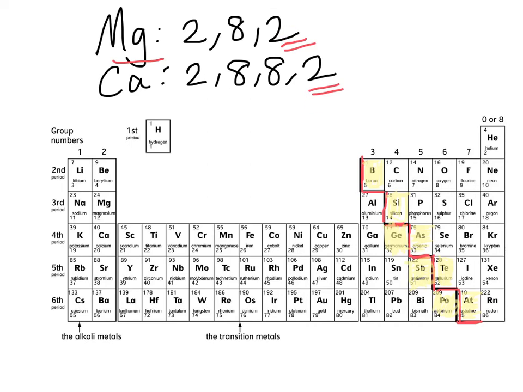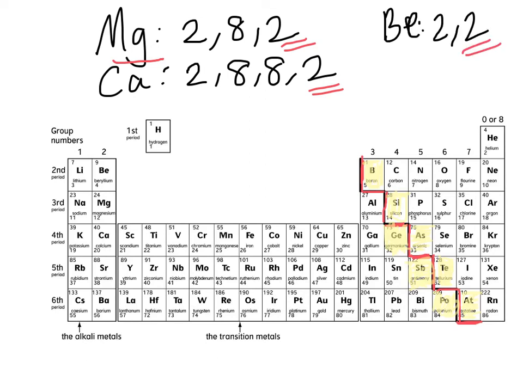In other words, you can say they have very similar chemical properties because they have the same number of outer shell electrons. Now you do not need to know the electronic arrangement for strontium, but you can say that it will have 5 shells and it will have 2 electrons on its outer shell.